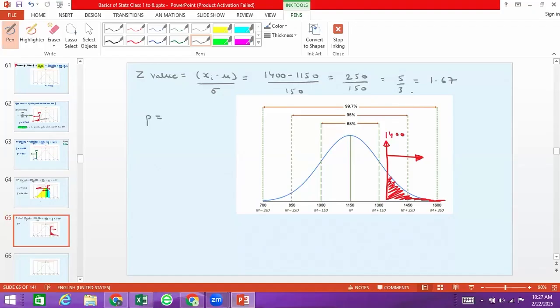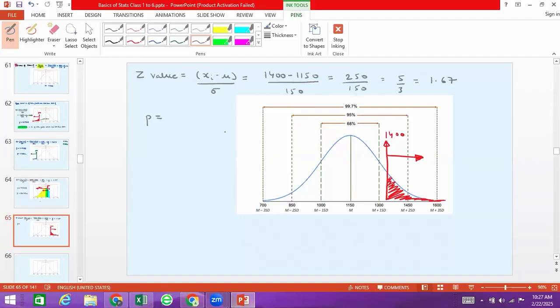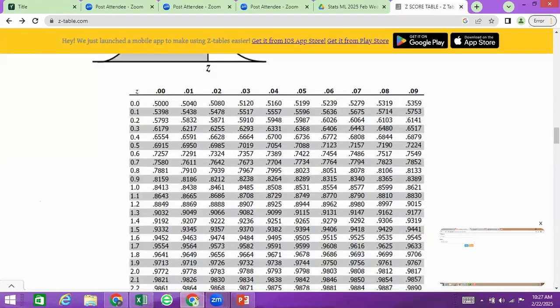The P value associated with the value 1.67 is how much? 0.9525. Sorry, 0.9515. Okay, 0.9515, sorry. No, that is for 1.66, right?